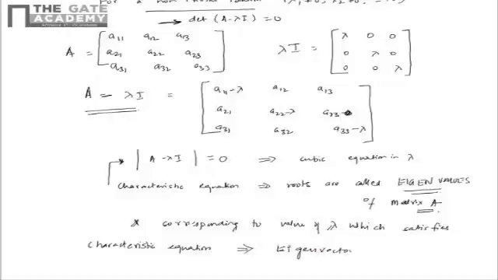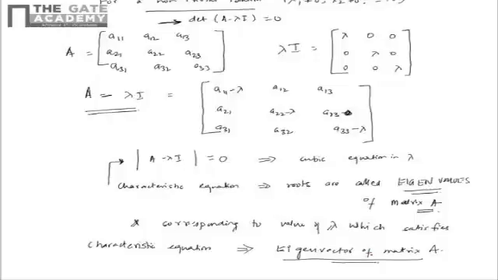So this is just the definition. We have seen how to find eigenvalues, how to find eigenvectors, and what the characteristic equation is, that is nothing but det of A minus lambda I.